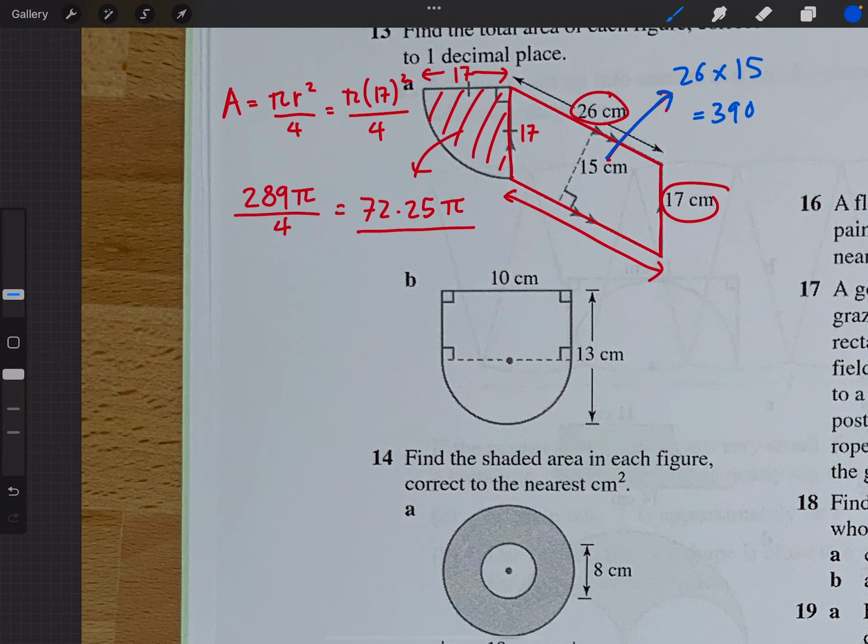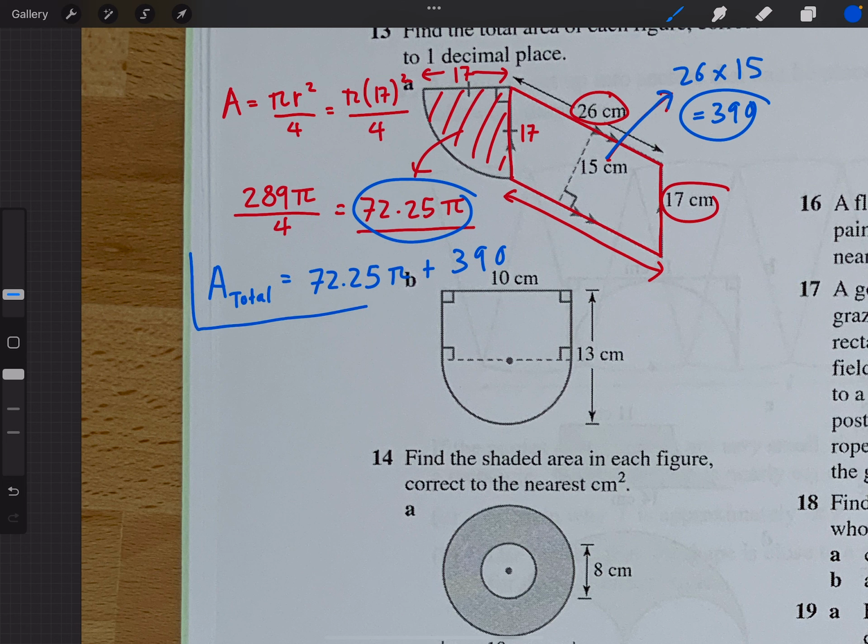So the area of the entire thing, area total, is going to be this amount plus this amount. So 72.25 pi plus 390. This is the exact area, and now you put it into the calculator and you'll get your 1 decimal place value.